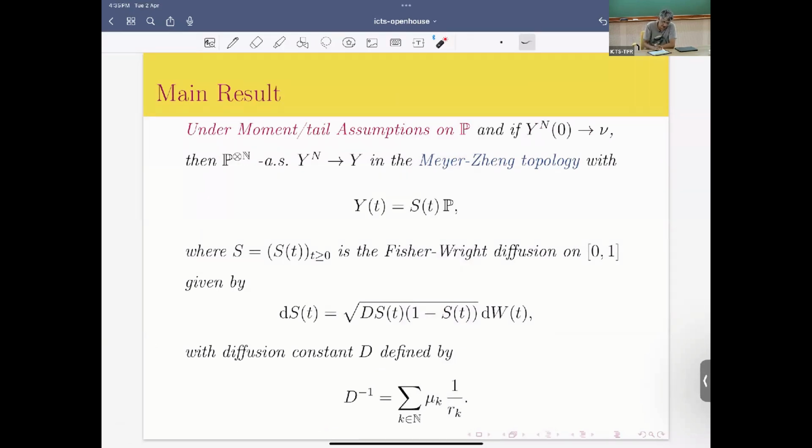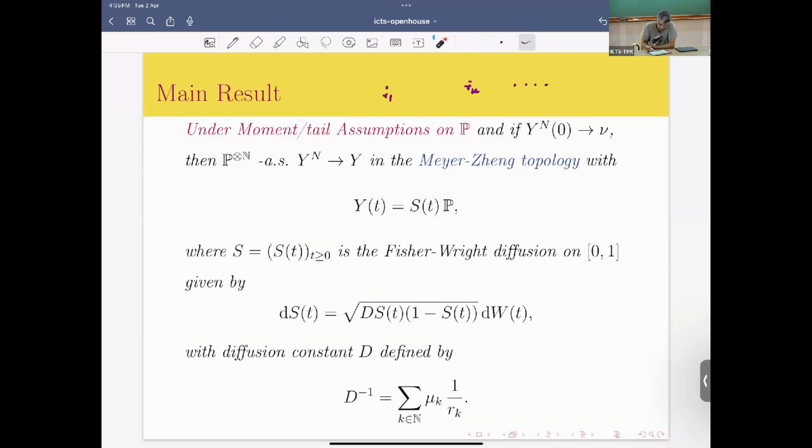So you need to impose some moment conditions on the resampling rate. If your resampling rates are r1, r2, up to rk and it keeps on going, you need to know how the tail behaves and how these behave as well. To control it, I won't write these complicated conditions down.